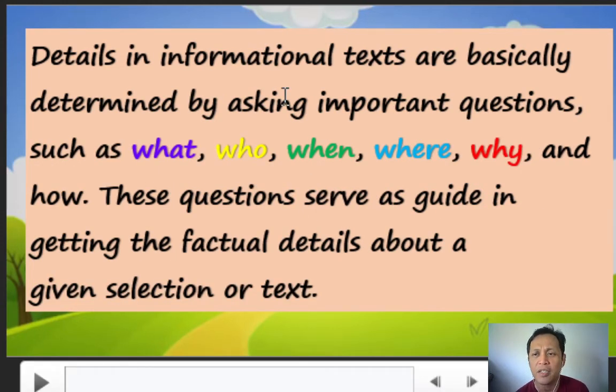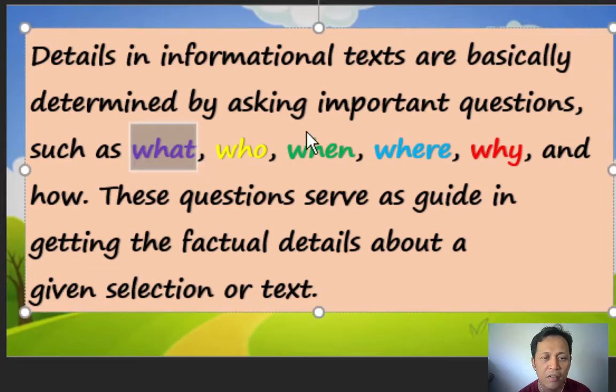Details in informational text are basically determined by asking important questions such as what, who, when, where, and why.